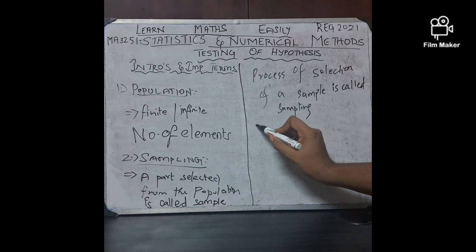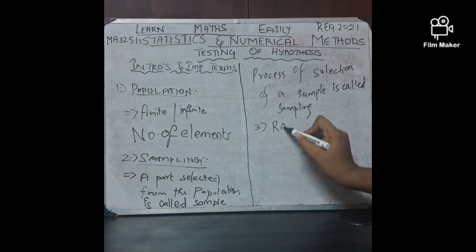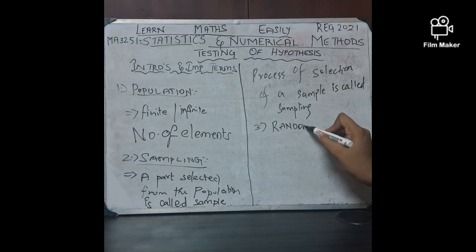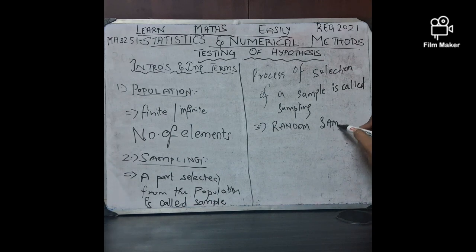Then the next one which we need to know is random sampling. What does random mean? A random sampling is one in which each member of the population has an equal chance of being included in it.